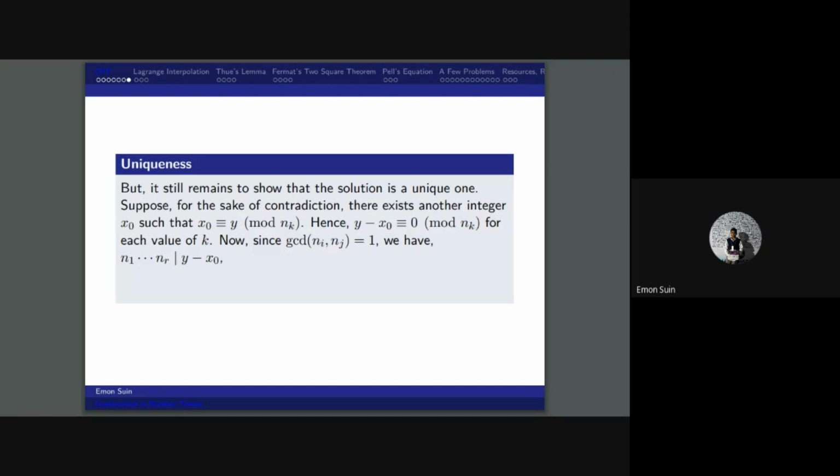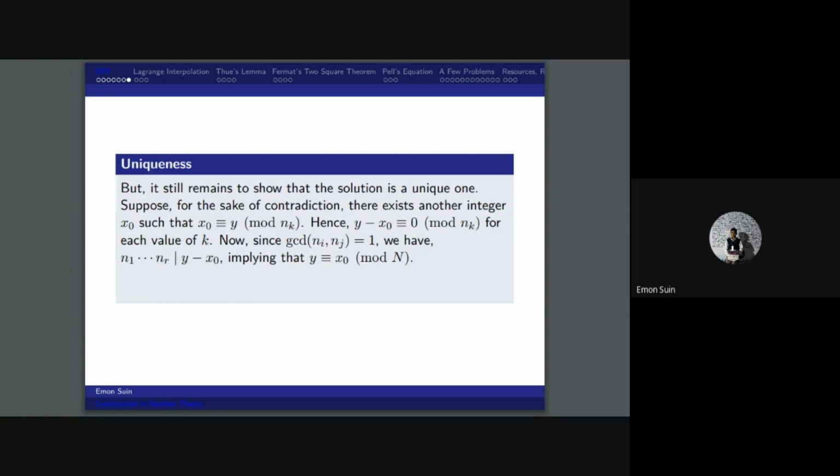But since the GCD is 1, we must have that the product of n1 to nr will divide y minus x naught. So now, implying that y is congruent to x naught mod n, because n1 to nr is equal to n. We had assumed at the very beginning of the proof that this product will be equal to n, capital N.